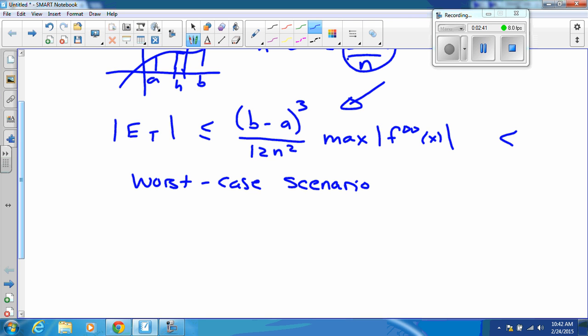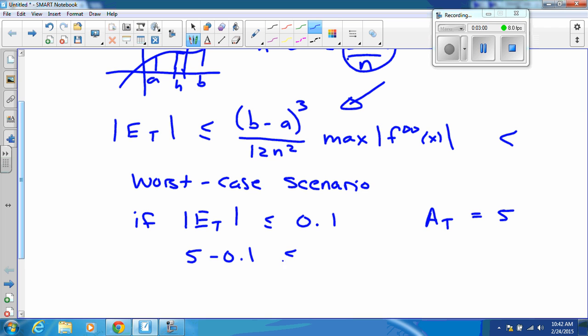In other words, if I find that this error bound is less than, say, 0.1, and my trapezoidal estimate is, let's say, 5, then that would mean that the true value is somewhere between 5 minus 0.1 and 5 plus 0.1.